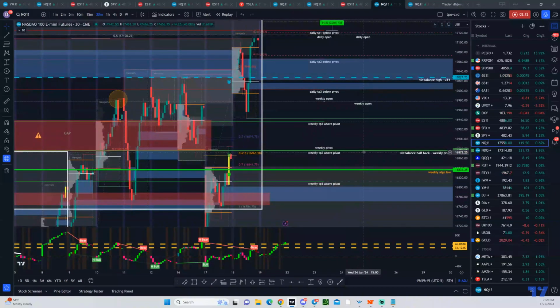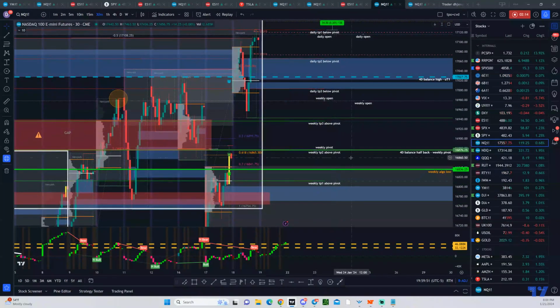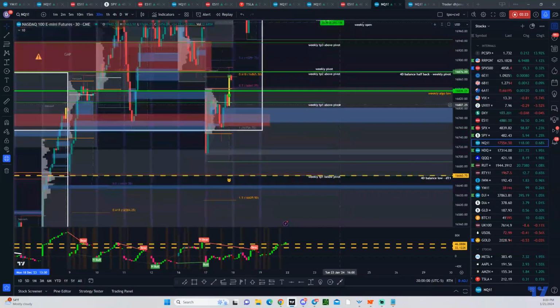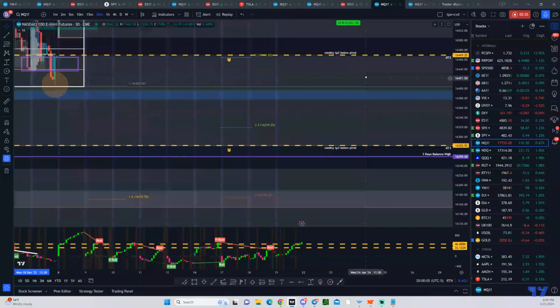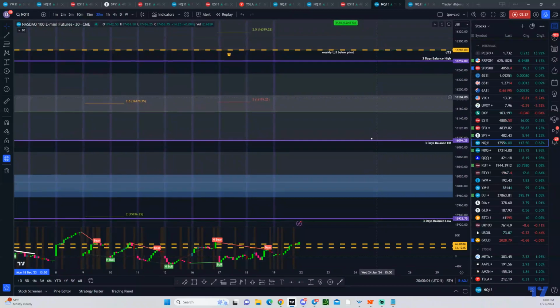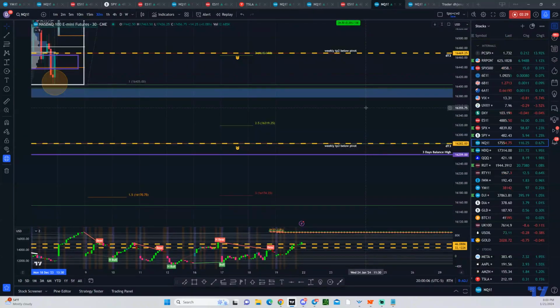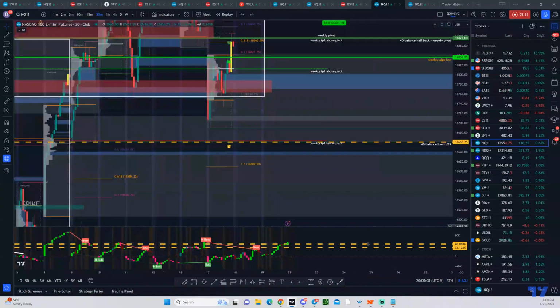That's what's important. So let's locate our weekly pivot first, and the weekly pivot is going to be the first set of single prints. That's what we're going to work with first. So let's work with the first set of singles.